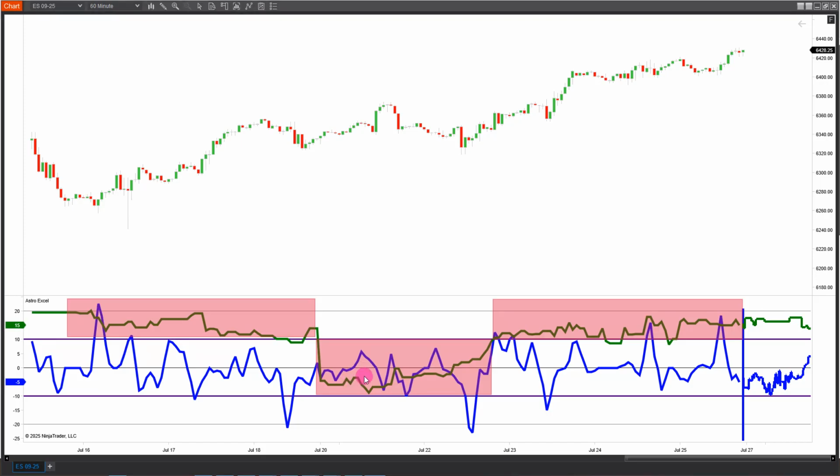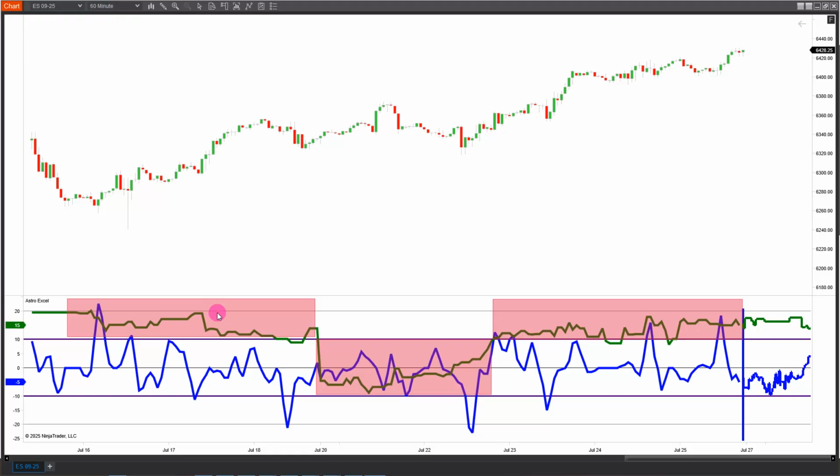It doesn't mean the market won't move in the neutral area. It just means the astrological influence is minimal. So in this area here that was bullish between late on the 15th and through the 18th, when the green line was up above that plus 10 area, we had that uptrend in the market.